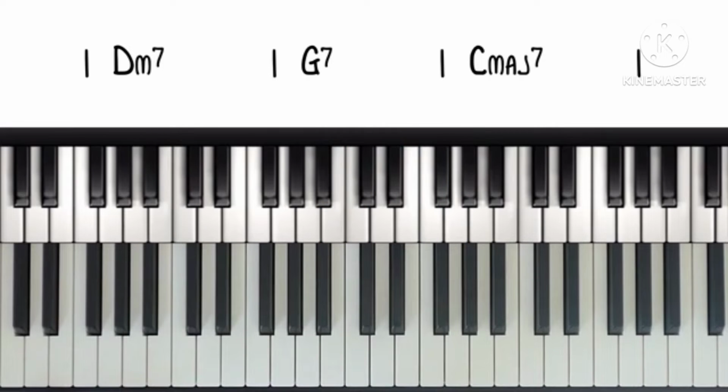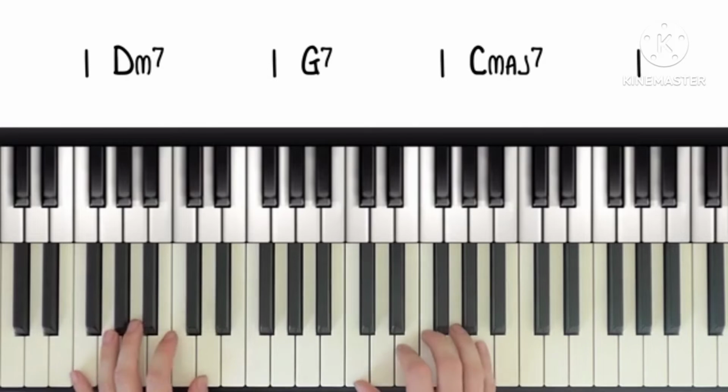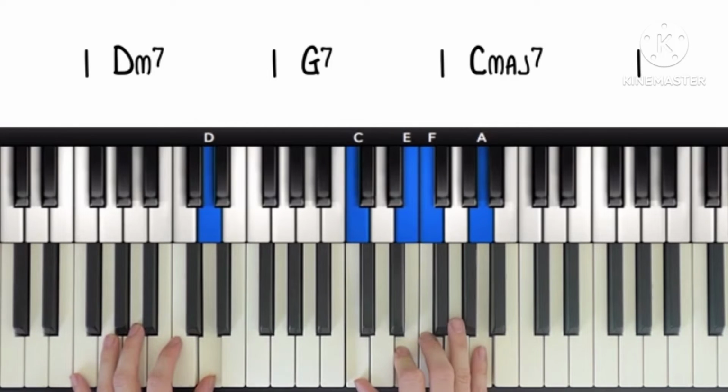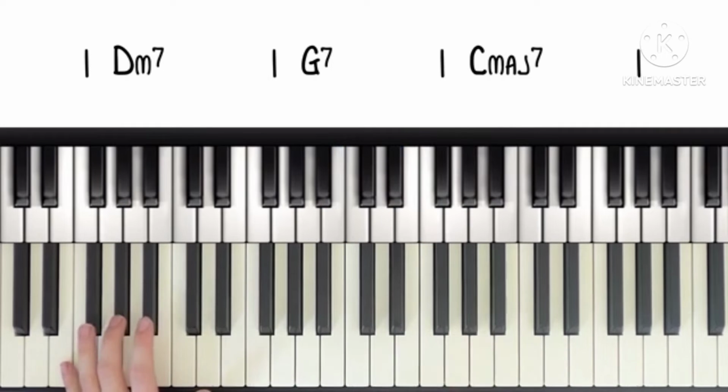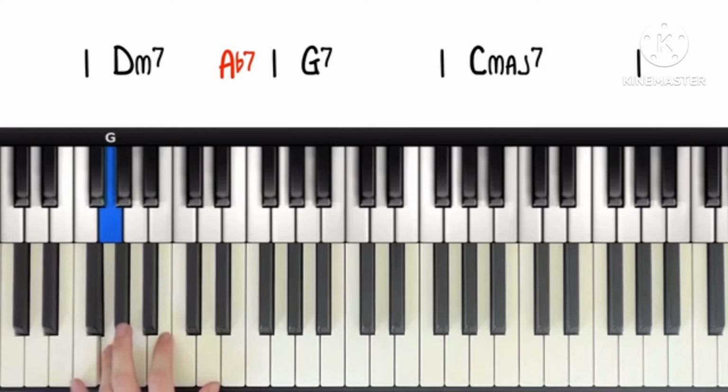So between each chord we can add a dominant chord a half step above the following chord. So we begin with our D minor 7 chord. And next is our G dominant chord. So between these chords we can add an A flat dominant chord, since that is a half step above G. So here is an A flat dominant chord.